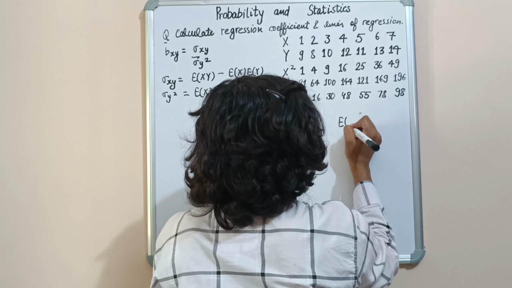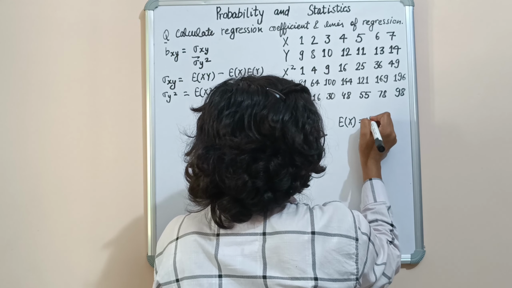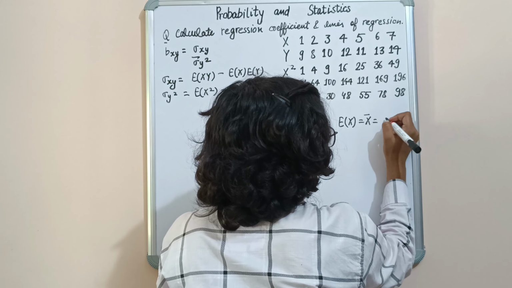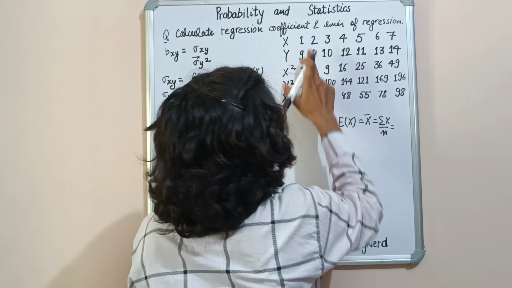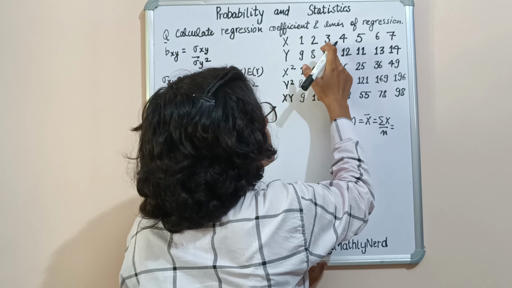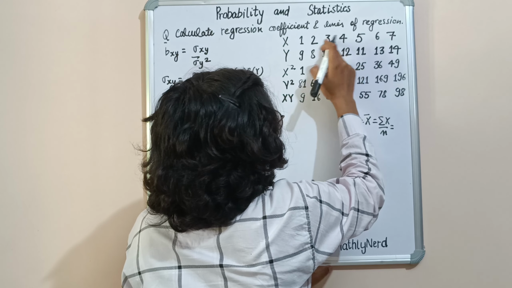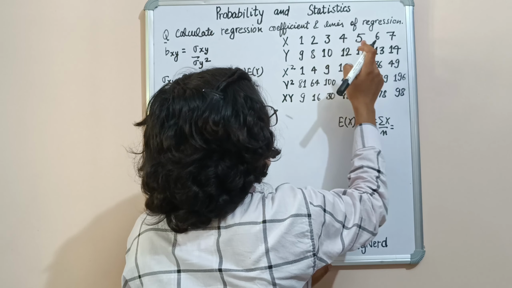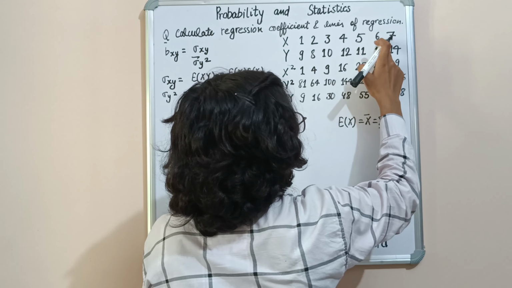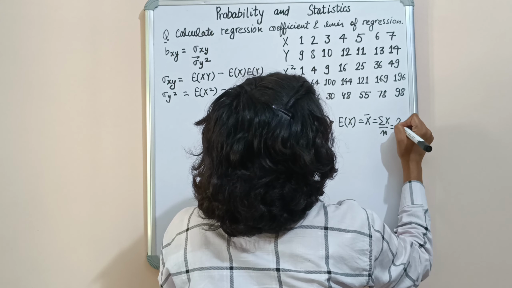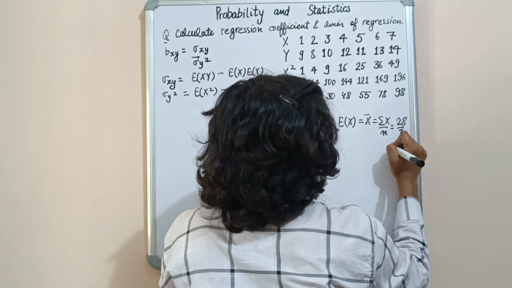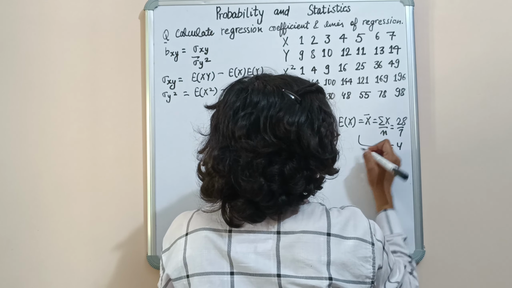E of x equals x bar equals summation x by n. Summation x: 1, 3, 6, 10, 15, 21 and 28. 28 by 7 equals 4.